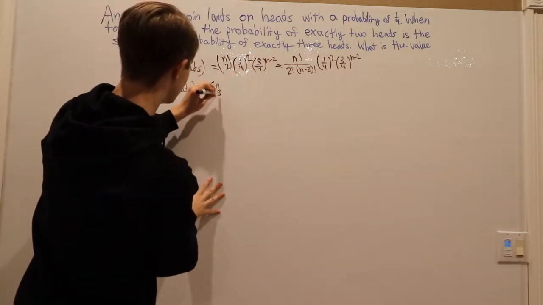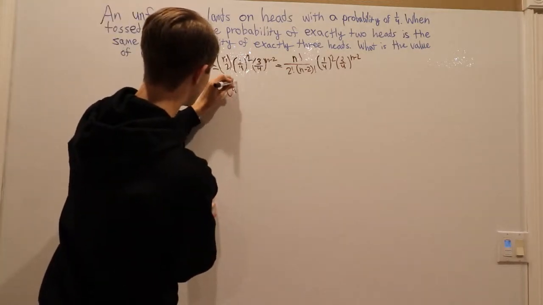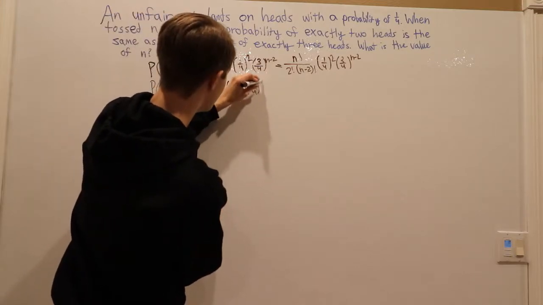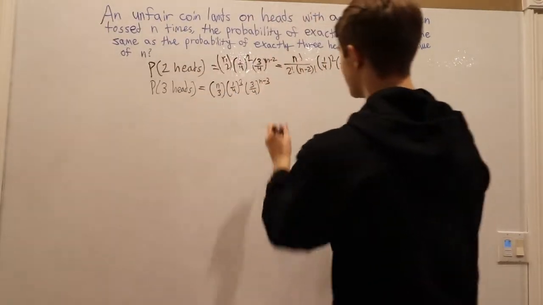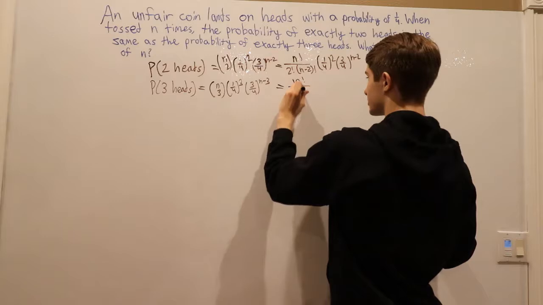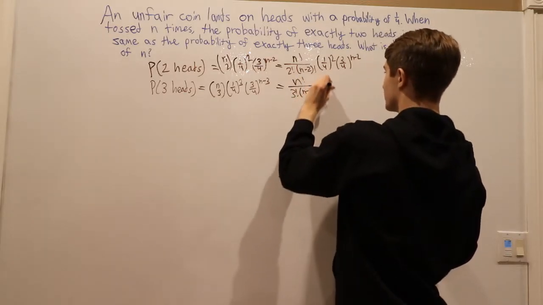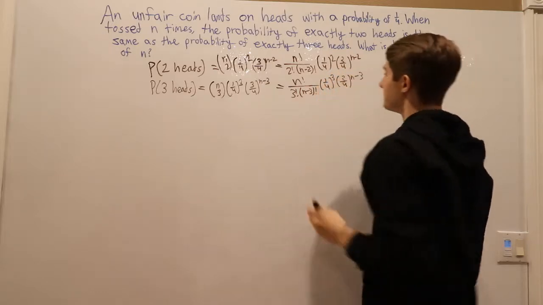So now we choose 3 tosses to get heads, and then 1/4 cubed for 3 heads, and 3/4 to the n minus 3 for the rest being tails. Again, we can expand this out a little bit: n factorial over 3 factorial times n minus 3 factorial times 1/4 cubed times 3/4 to the n minus 3.